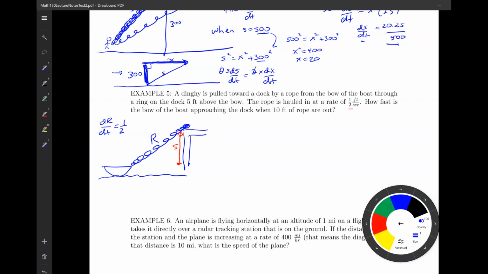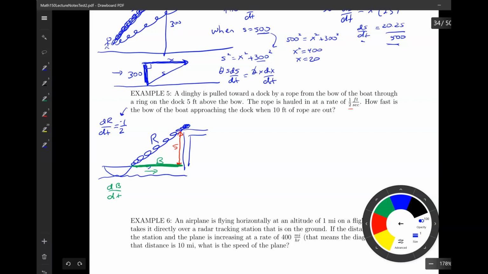Okay, so let's think about it. Is that length R getting smaller as the boat is moving in? It is. So it's necessary for you to give that a negative length. How fast is the bow of the boat approaching the dock? So this distance here, we know the boat's coming in, so let's give this B. So find dB dt.